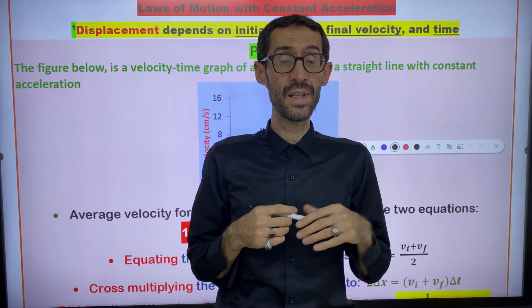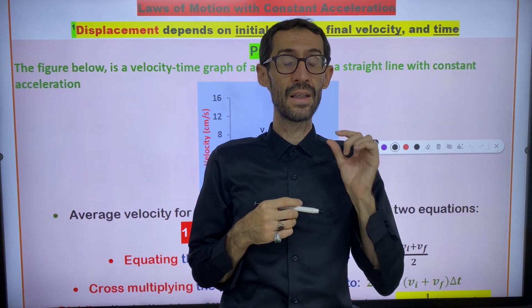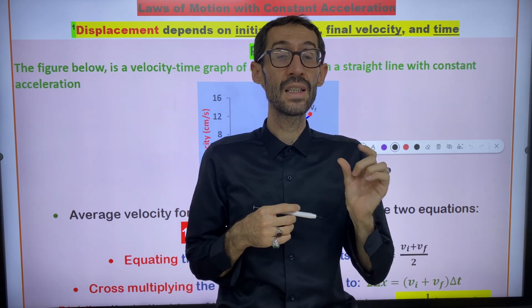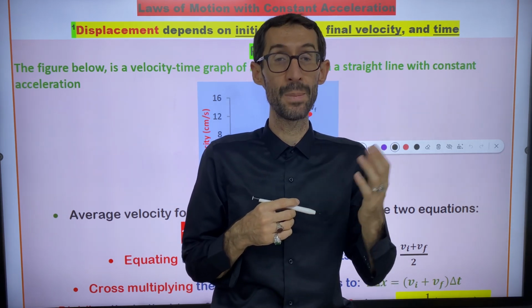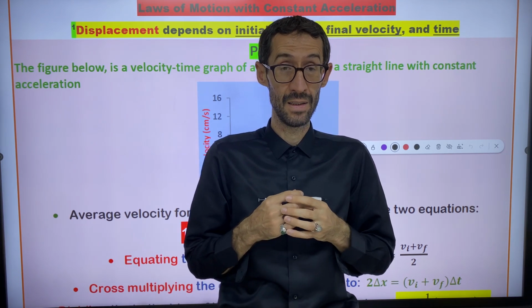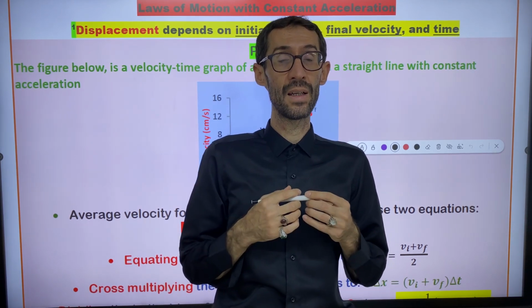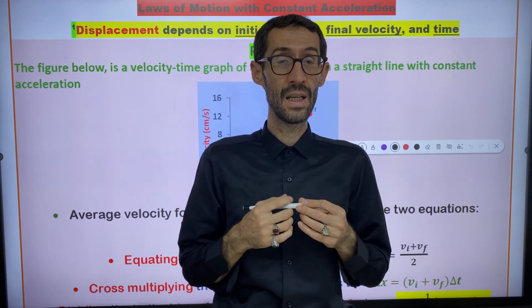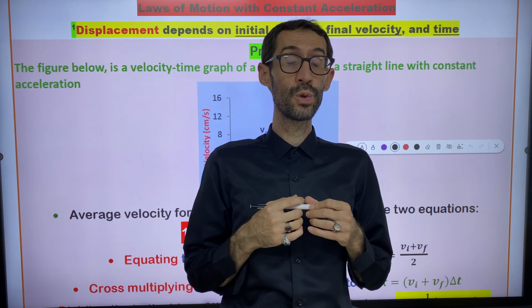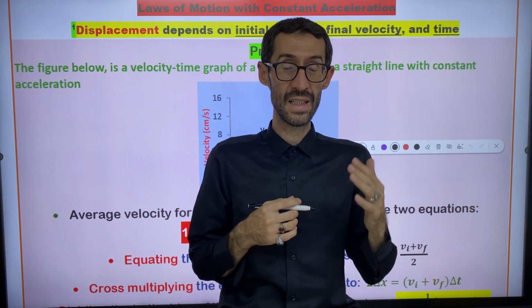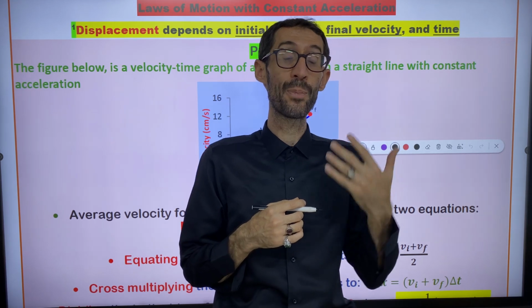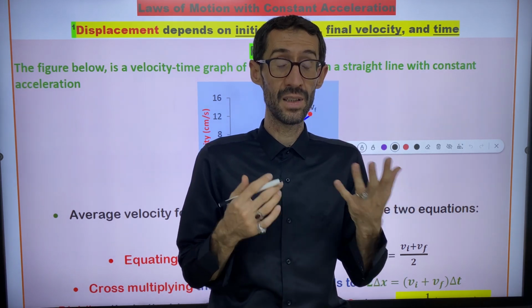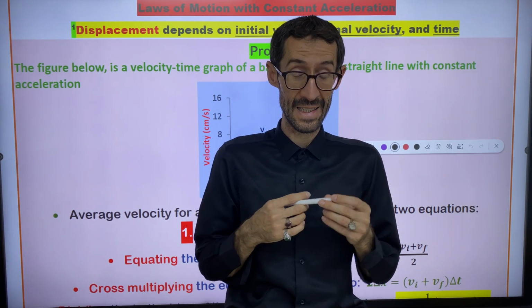Toward the center of Earth, their velocity increases by approximately 10 meters per second. That's why the acceleration of these objects is constant and is equal to negative 10 meters per second squared approximately. This is called constant acceleration.